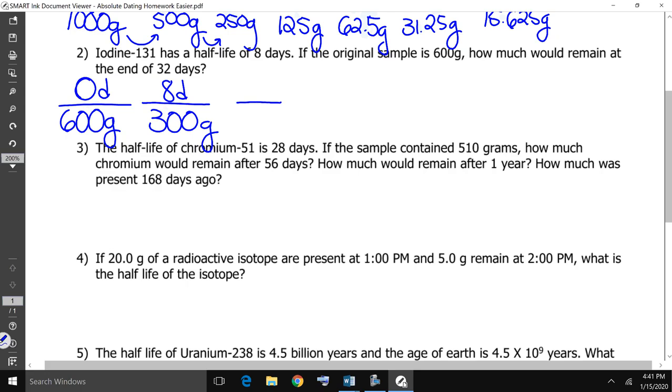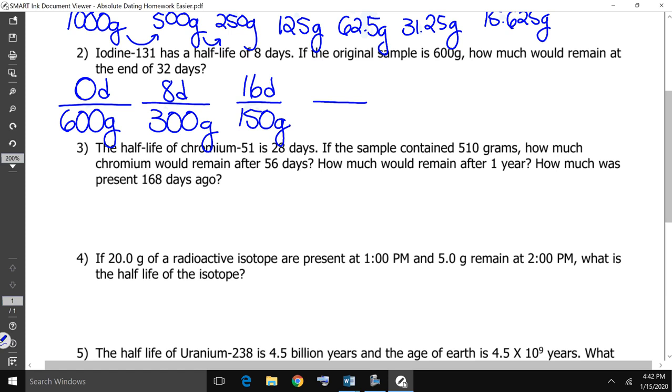Our second half-life is 16 days. 8 plus 8 equals 16 days. Divide the bottom by 2. 150 grams. Now, here, this step is where I see a lot of people make a mistake. They'll jump straight to 32 days.